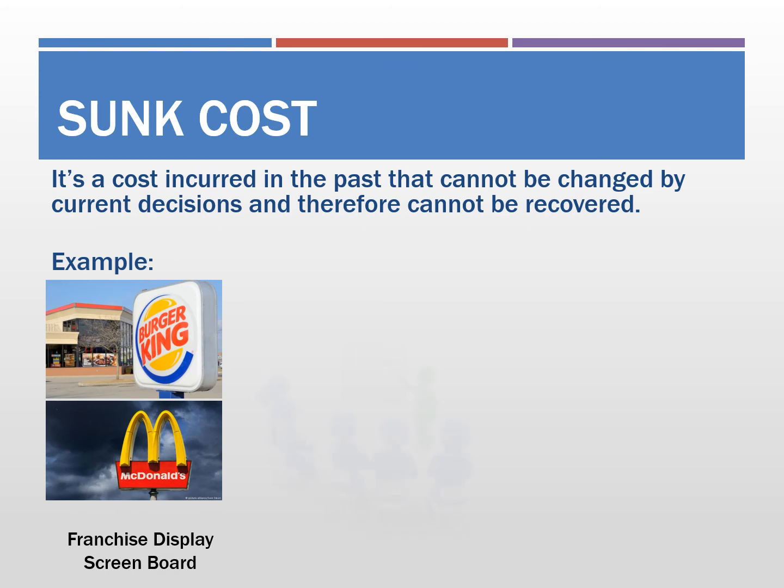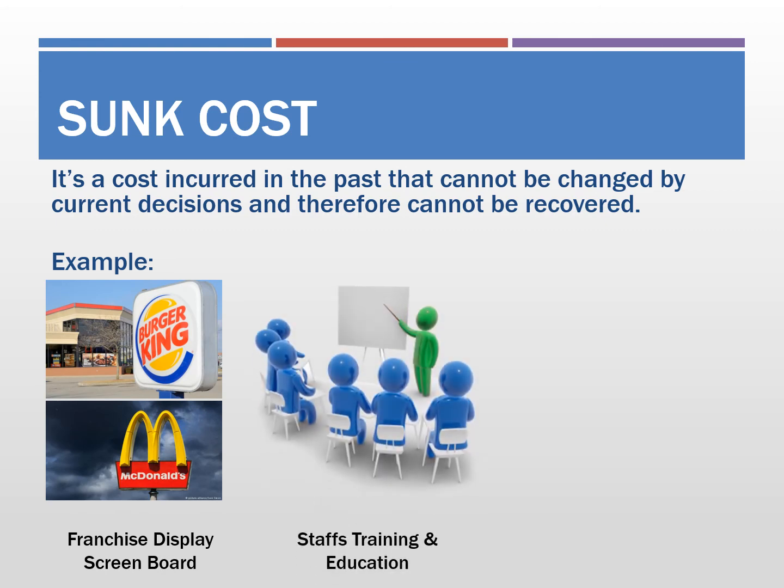So what are some examples? For instance, if you are trying to get a franchise business from McDonald's or Burger King, most of the time those companies will ask you to put in a sunk cost to buy certain things that represent their company. For instance, those billboards that you see in front of the store are equipment required by the company to be purchased by the firm's owner.